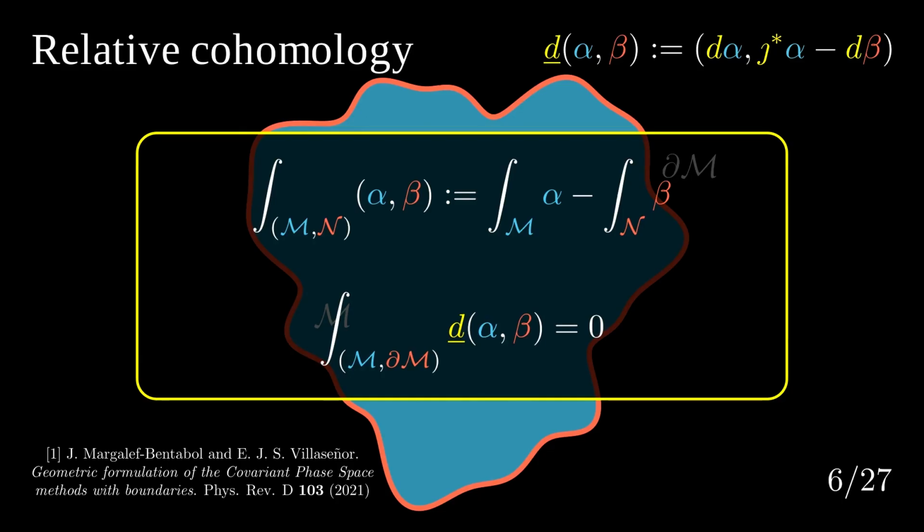In this sense, we are writing the Stokes theorem all on the left-hand side, and with this new cohomology, which is called the relative cohomology, a manifold with its boundary doesn't have this relative boundary because there is nothing on the other side of this Stokes theorem.